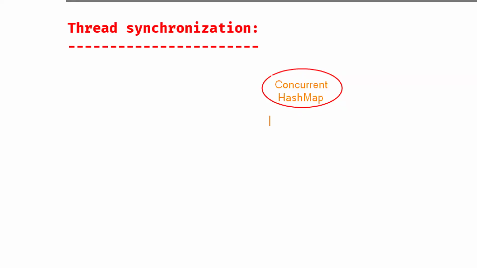And this concurrent hash map object, we shared it with thread one and the main thread. Yesterday we discussed an example like this, where the same object is used in two threads.